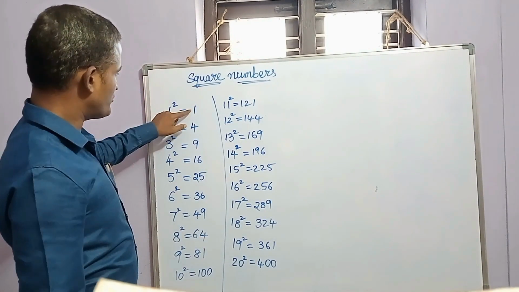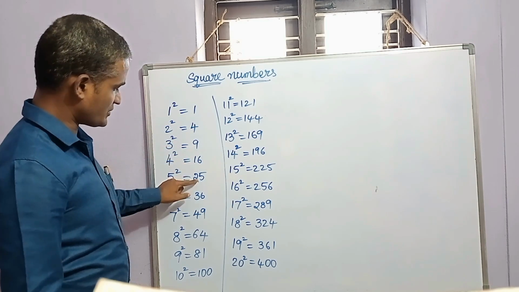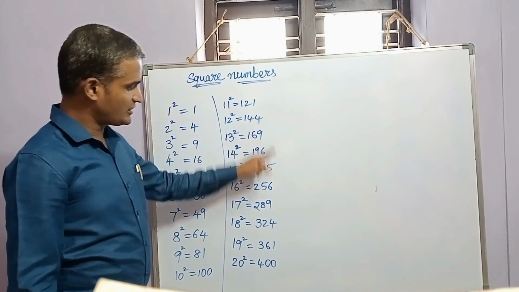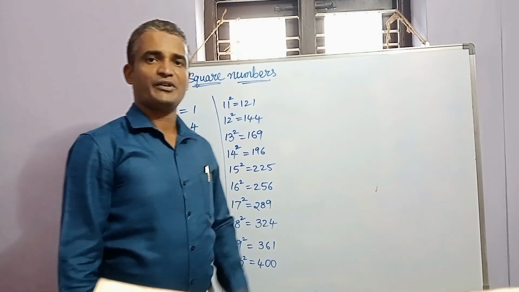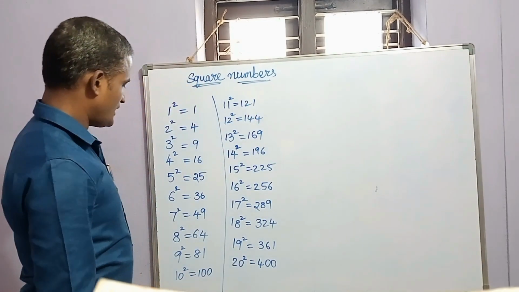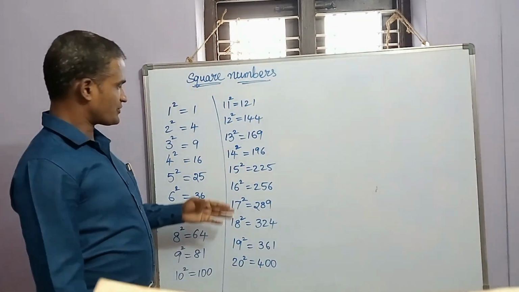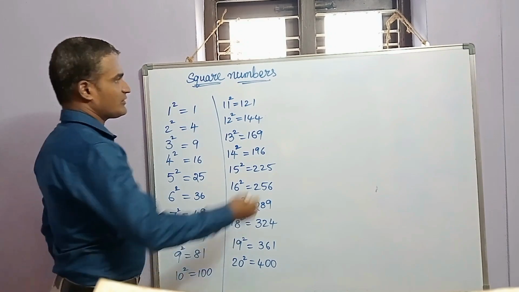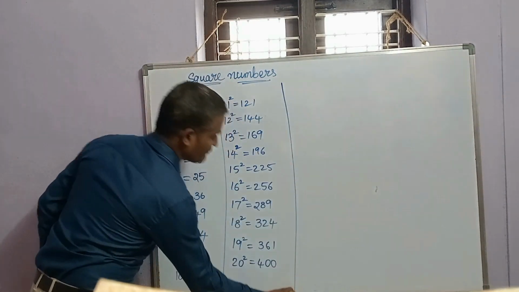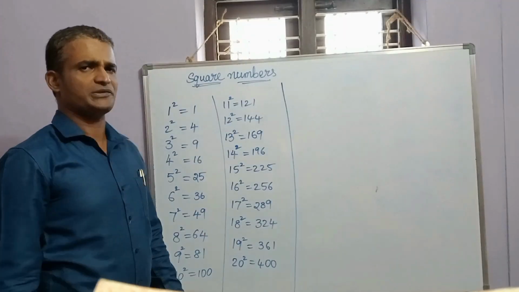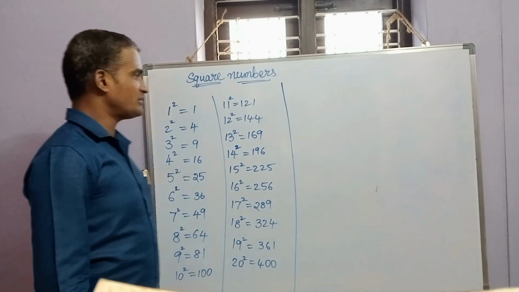Here you see these numbers 1, 4, 9, 16, 25, 36. All these numbers we call perfect square numbers. If you want to find the square of any number, you don't have any other rule there.